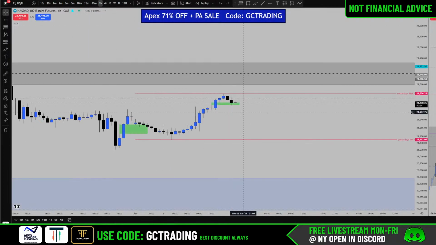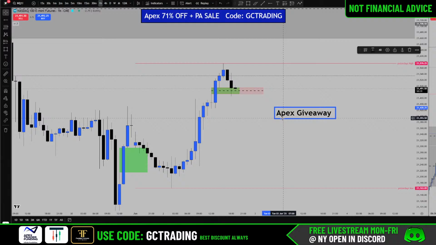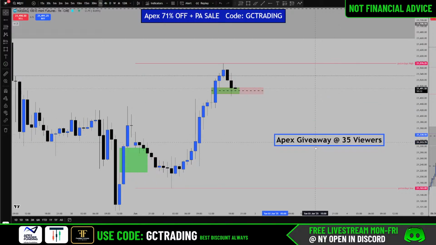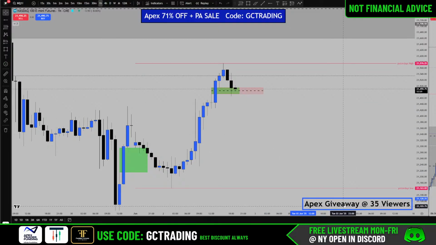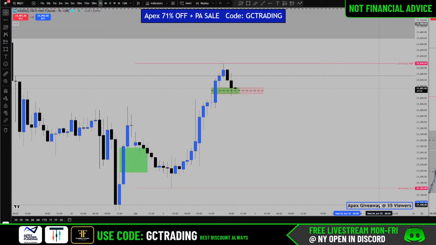Let's drop down to the 1 hour. Do we have that? Yep, we do. We have the same gap. It's a little bit smaller on NQ than ES. Let me leave this here. Yeah, let me do something like that. There we go.